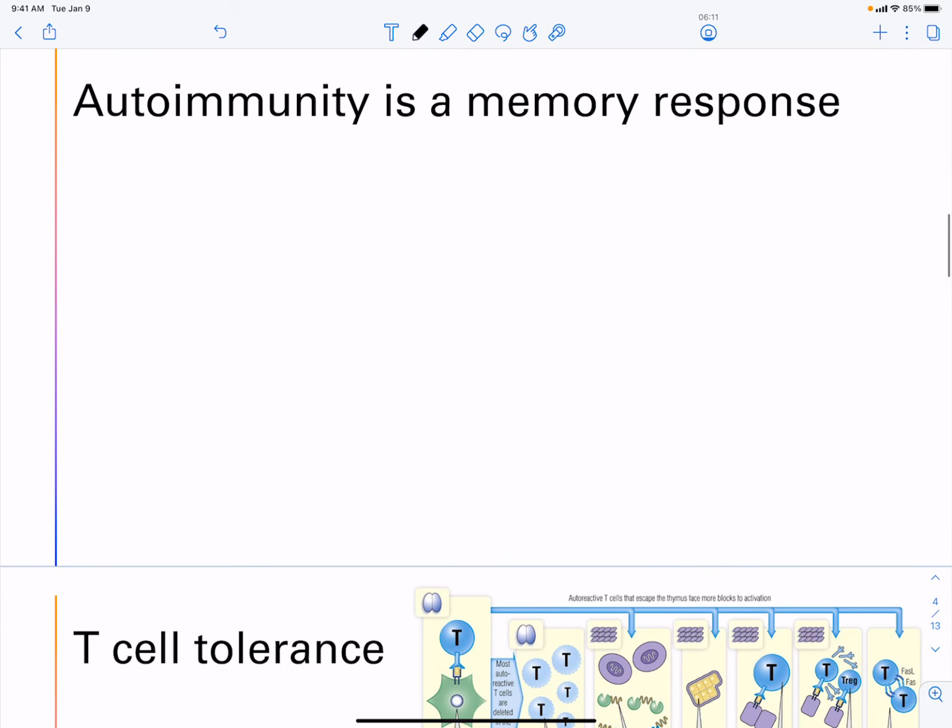Now, true autoimmune disease is different than having autoantibodies present, because those can be not causing an actual disease. Autoimmunity is going to be driven by a memory response. So you're going to have autoreactive T and B cells. And remember that B cells need CD4 help, so you will always have a CD4 helper cell if you have B cell memory.